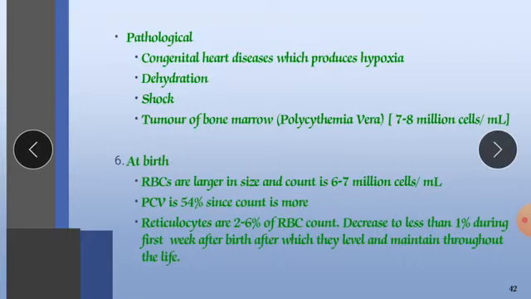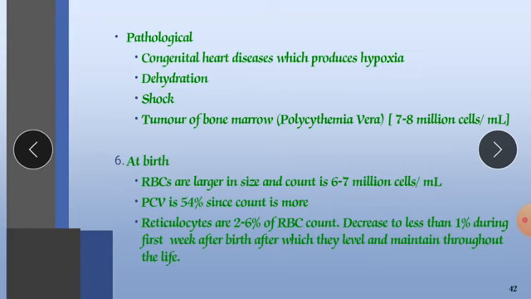Pathological causes, like congenital heart disease which produces hypoxia, are also responsible for this condition. Dehydration is also one of the conditions due to which polycythemia will develop. And shock, and lastly tumor of bone marrow, that also increases the numbers of RBC.